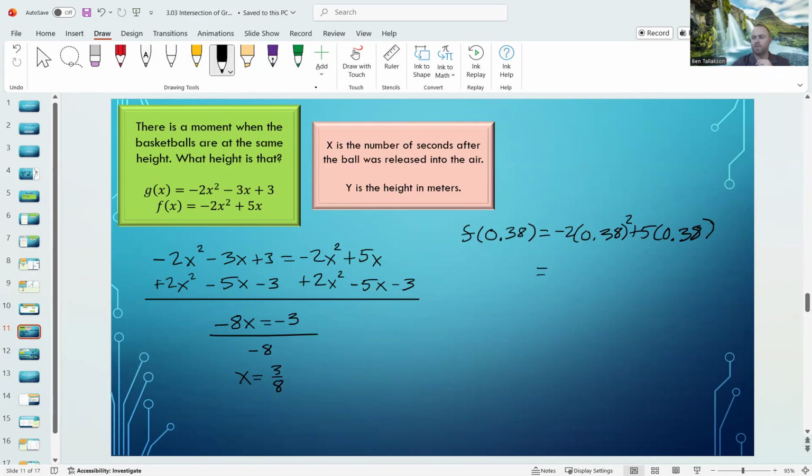So 0.38 squared times negative 2. That's about negative 0.29. Okay, plus 5 times 0.38. 1.9.